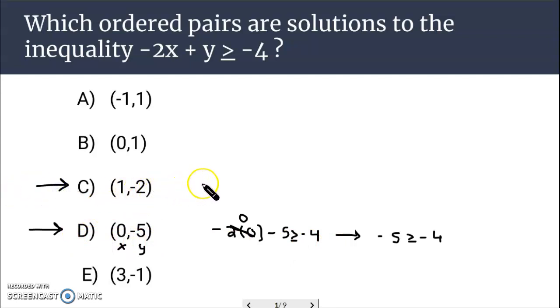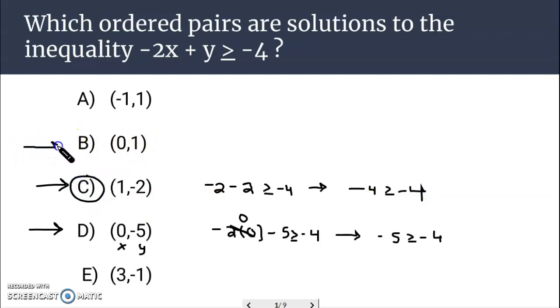This time we're going to put a 1 in for x. Negative 2 times 1 then is the negative 2. Put a negative 2 in for y, making this a minus 2, and is that greater than or equal to negative 4? Negative 2 minus 2 is negative 4. Negative 4 is greater than or equal to itself. So C works.